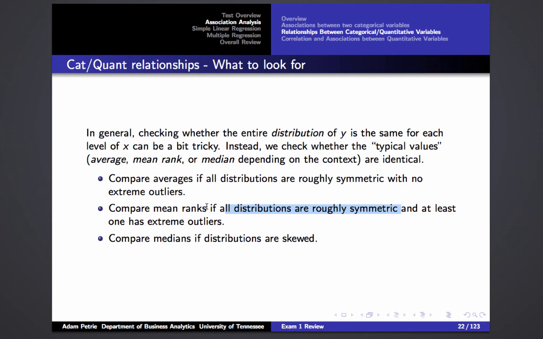So instead of the original values themselves, you rank them from biggest to smallest, 1, 2, 3, 4, up to n, and you look at the average rank. If the distributions are very skewed, you're going to want to compare medians, because the median gives a much better idea of what the typical value of the distribution is than the average. So key points: know what you're supposed to compare when you're doing a test for an association between a categorical and quantitative variable.